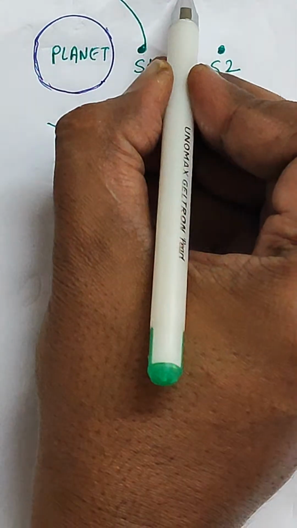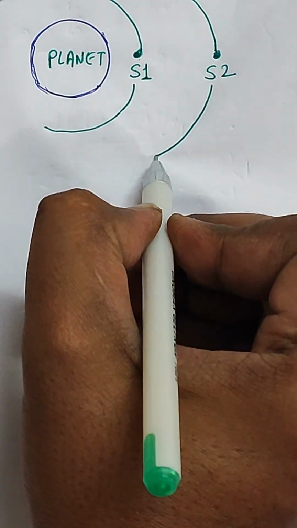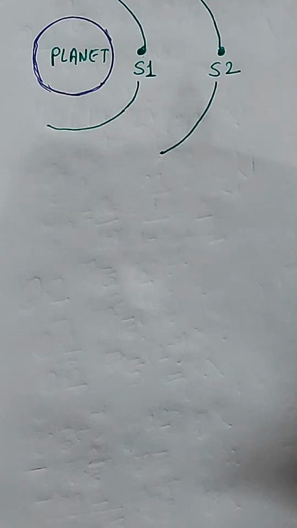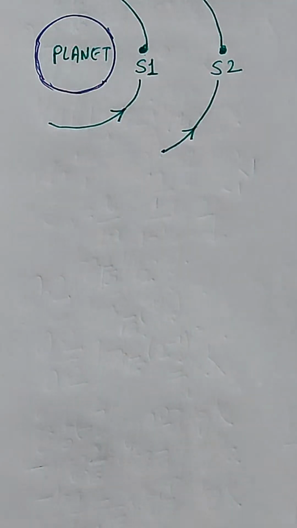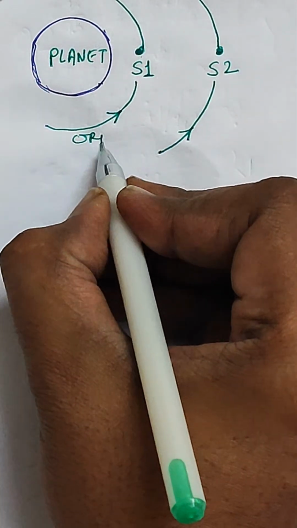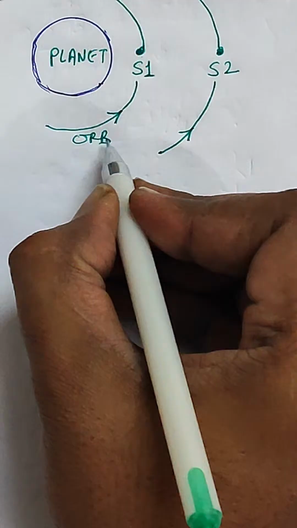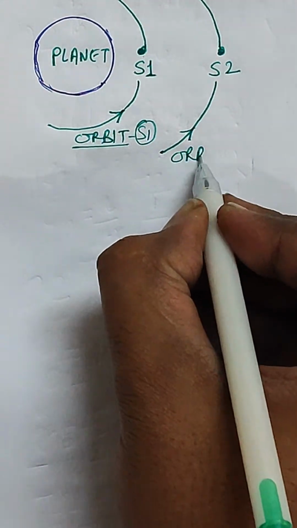Let us say this is the orbit of S1, and this is the orbit of S2. So both of the satellites are moving in the same sense, that is the same direction of movement. Okay, so these are the orbits, the orbit of S1, and this is the orbit of S2.